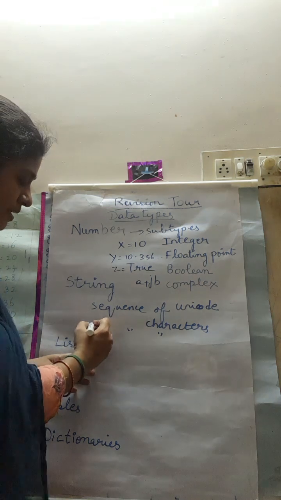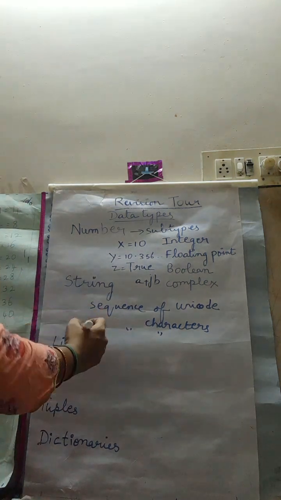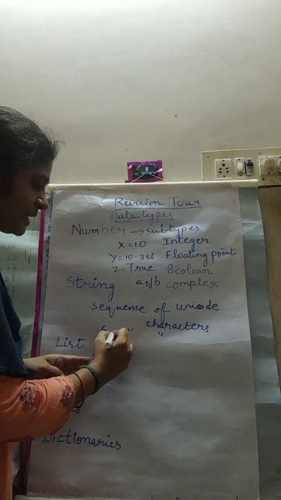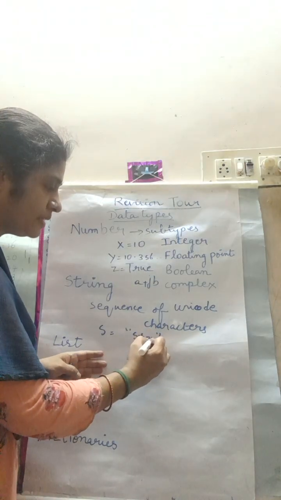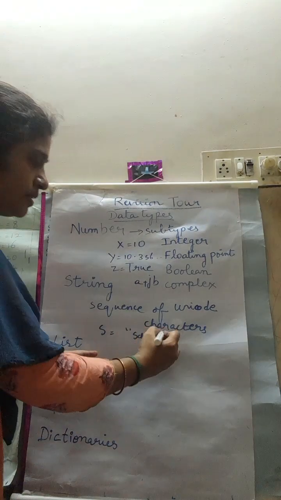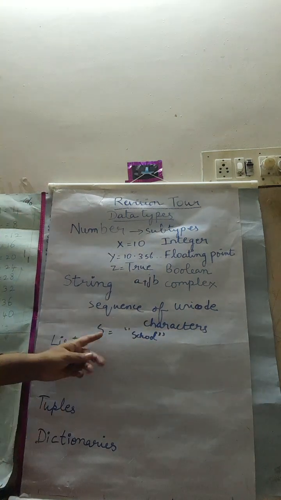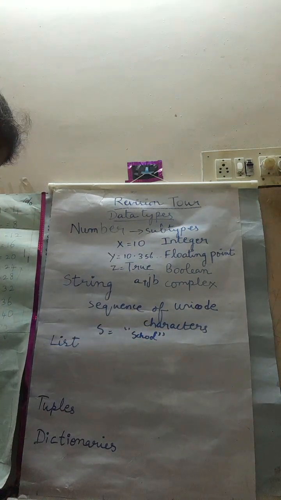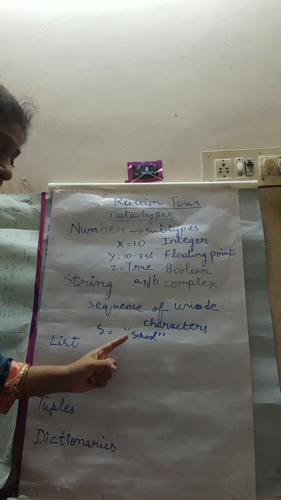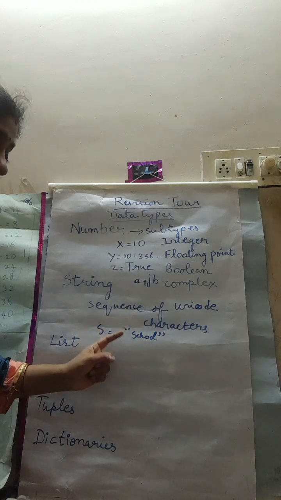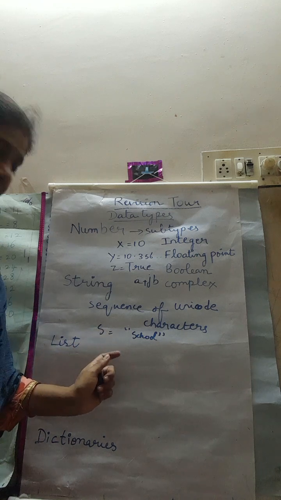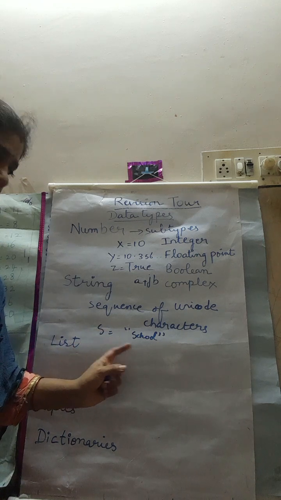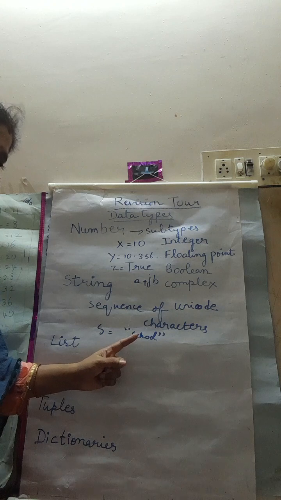I can write S is equal to school within double quotes. So this is a string. It is a sequence of Unicode characters, or you can say it is a sequence of characters. Now, in order to access these values, you have to use the index.